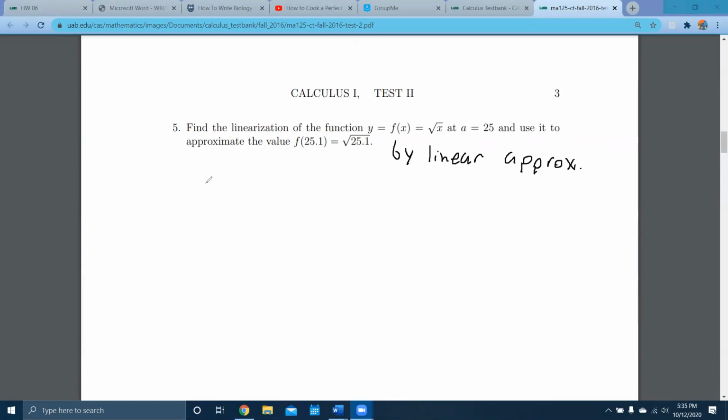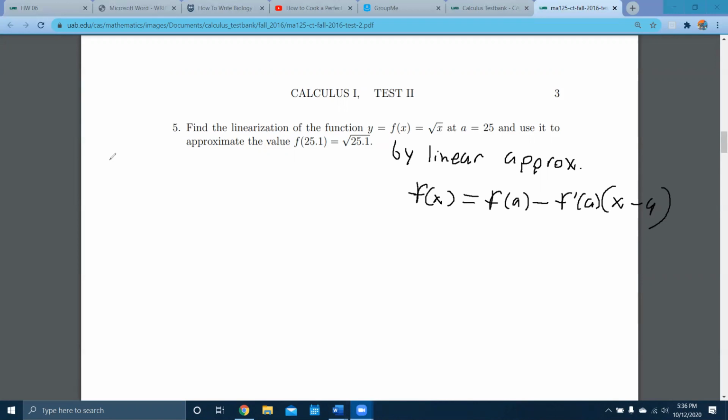All right. So by linear approximation, we have that f of x is equal to f of a minus f prime of a times x minus a. So let's find some values, shall we?